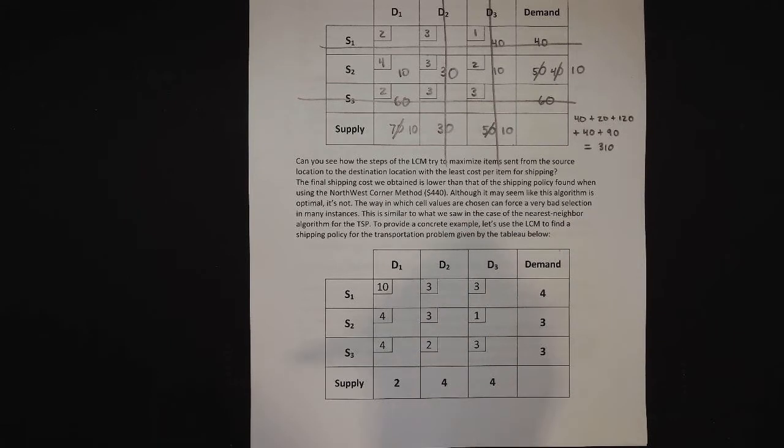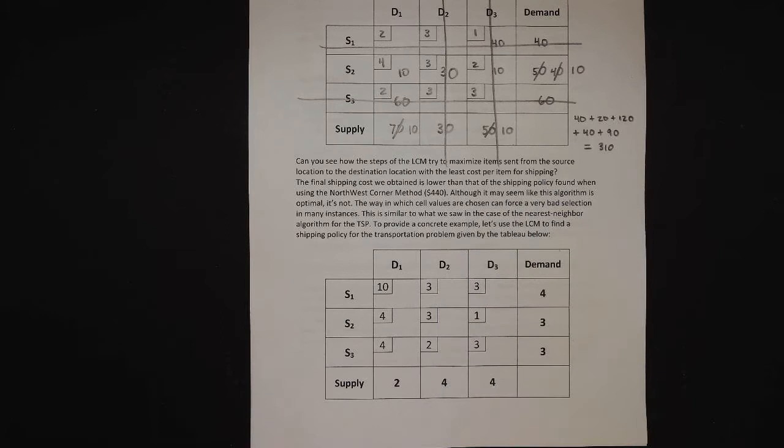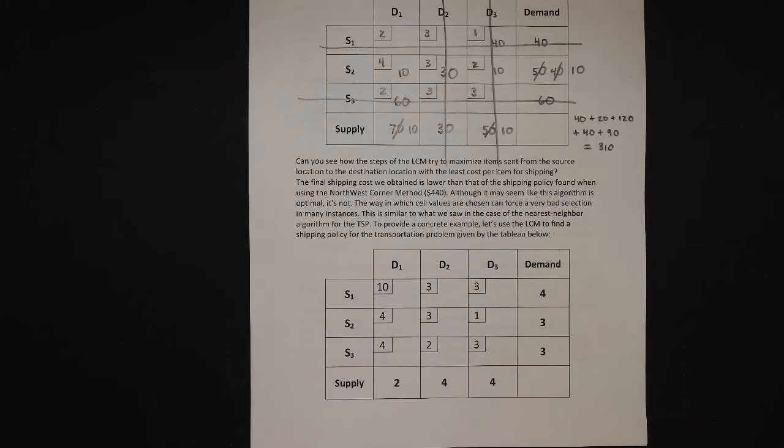So maybe these two are in completely different continents or something, or there's a mountain range in between them. There could be any number of reasons why this is much higher than the rest. So a logical thing might be to supply all of Store 1's demand from the other distribution centers, thus avoiding sending any at this price.